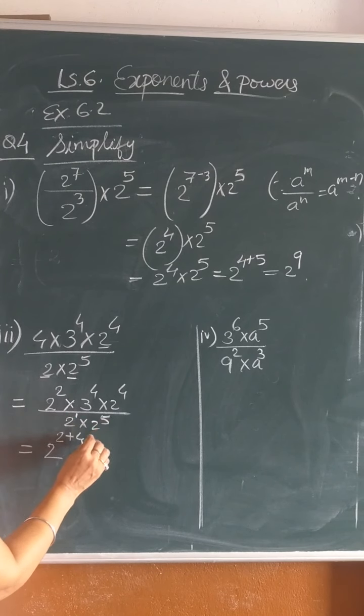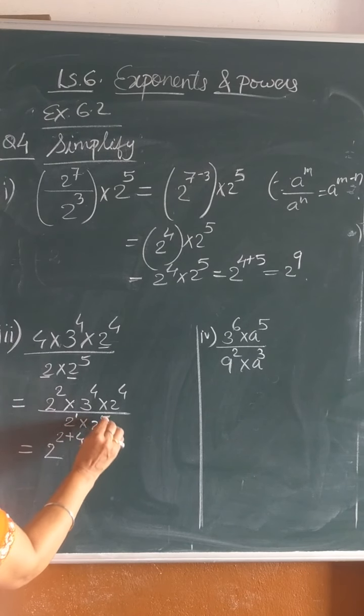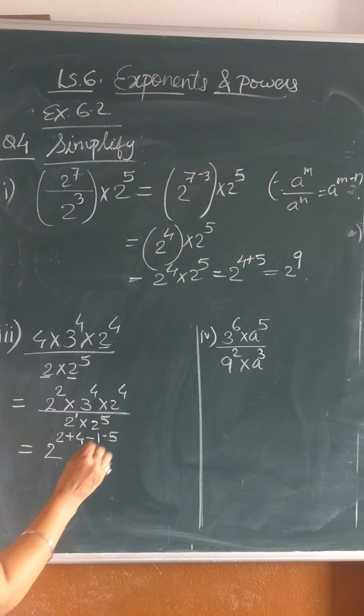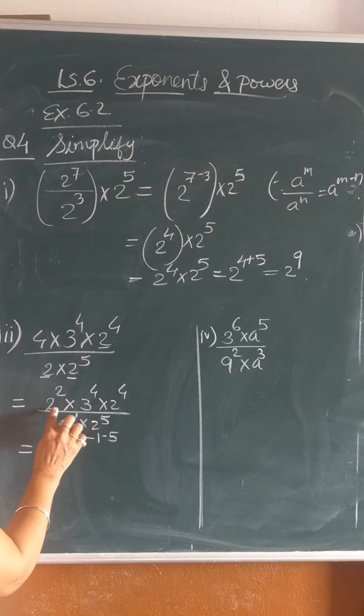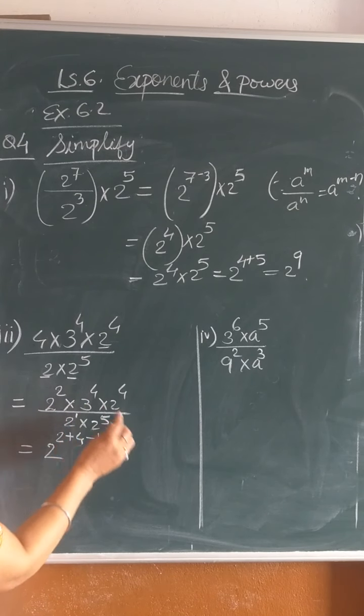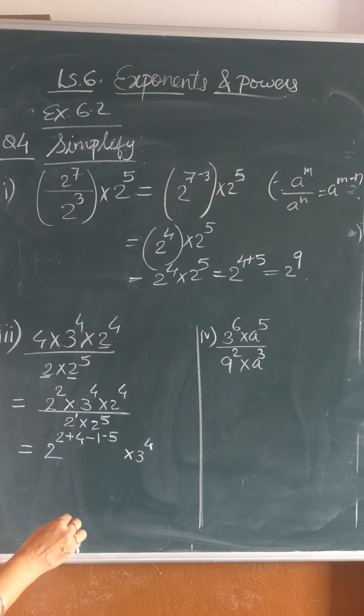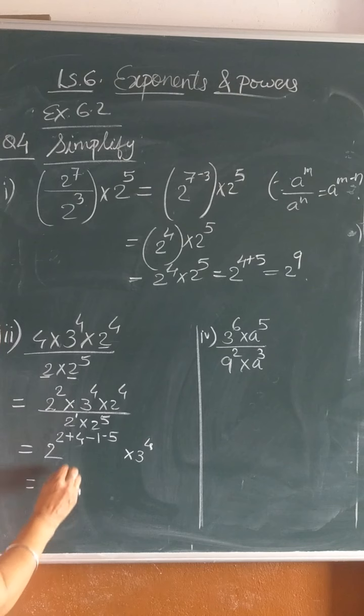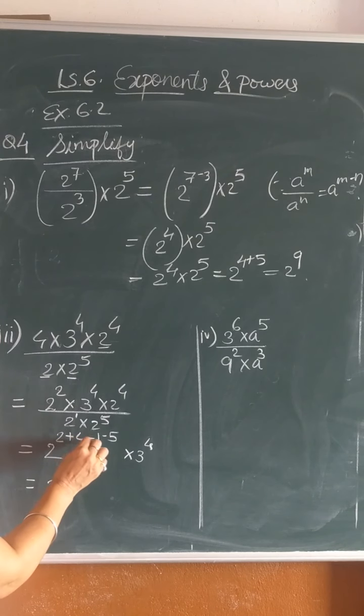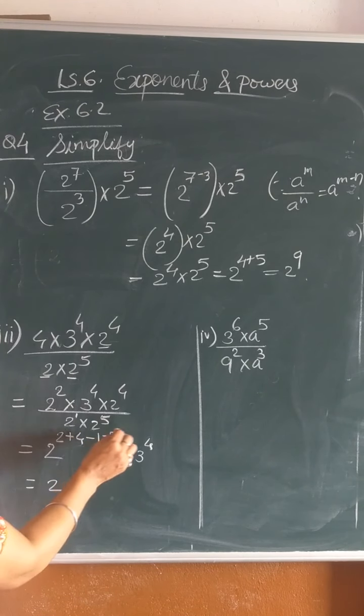So this power will be subtracted, so minus 1 and here also minus 5. Only 3 raised to the power 4 is left, so write this as it is. Now simplify: 2 plus 4 is 6, 6 minus 1 is 5, and 5 minus 5 is 0.